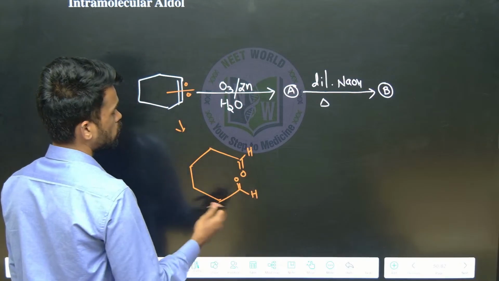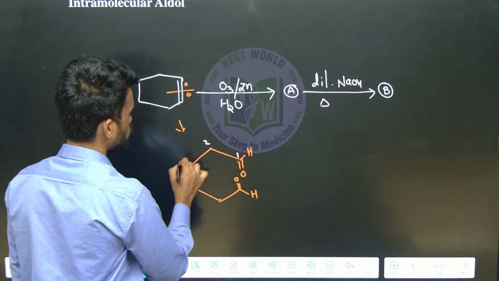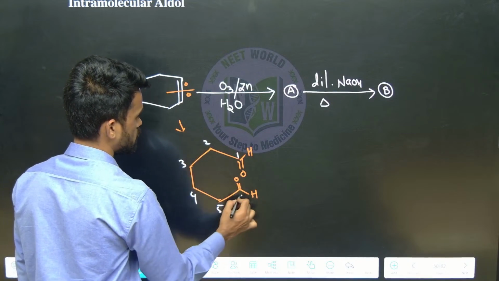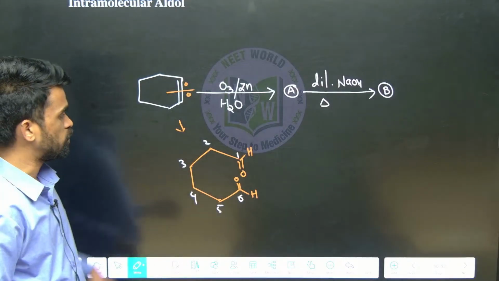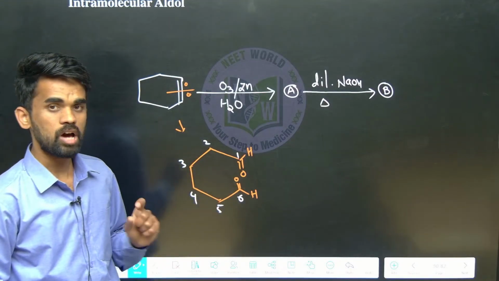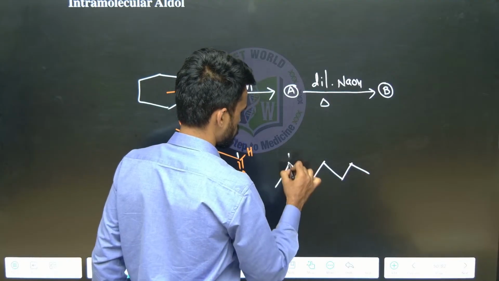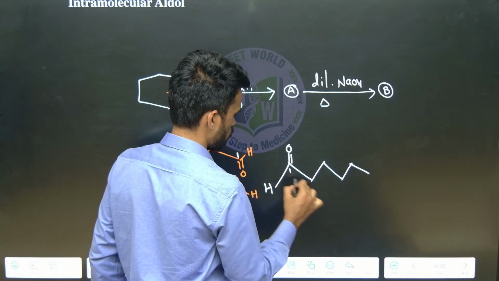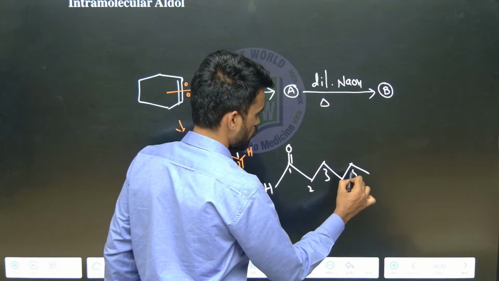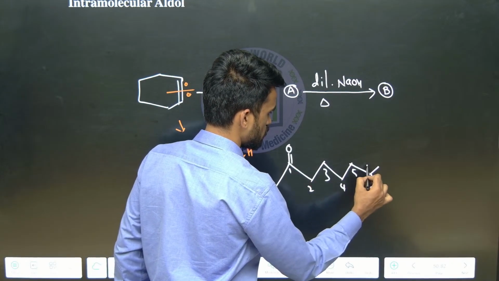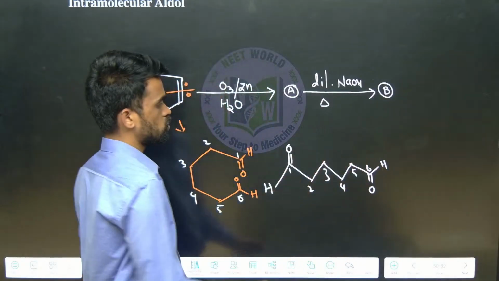So this is our A, 1, 2, 3, 4, 5, 6. So 6 carbons, at the first carbon and last carbon we have carbonyl groups, like this. So this is our A.